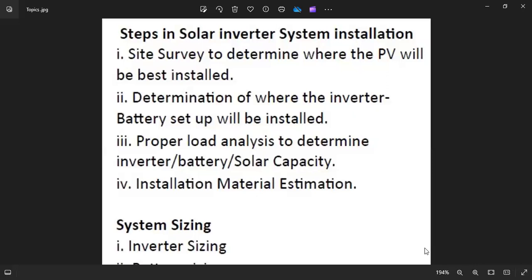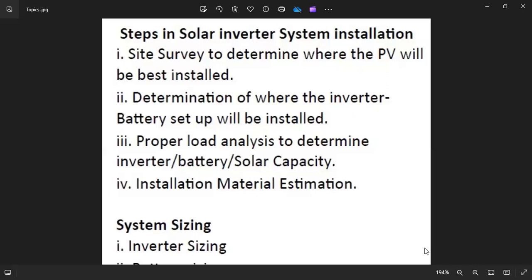Number two, the batteries themselves. We're going to be looking at the common types of batteries available within our locality, which is our country as a whole. What type of batteries do we use? We have the common one, the tubular. That's the lead acid type, the wet lead acid type, which comes in the form of tubular batteries that has liquid as the electrolyte.